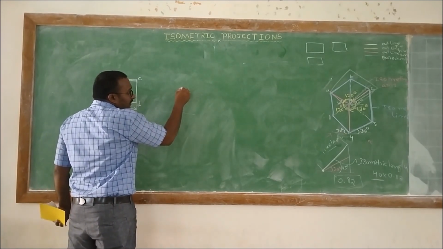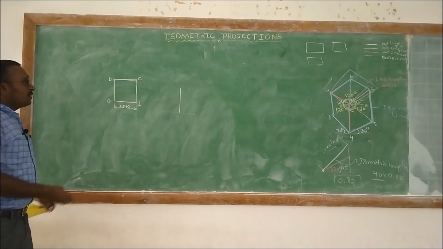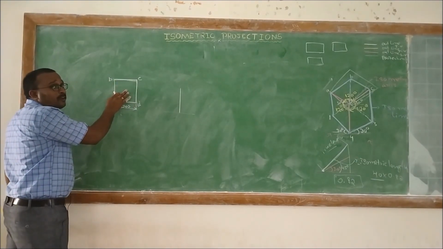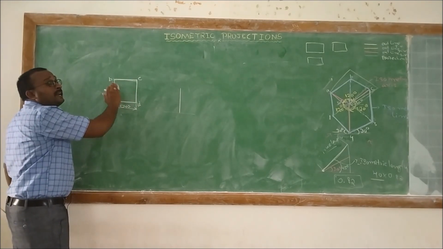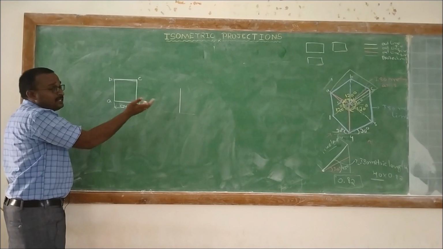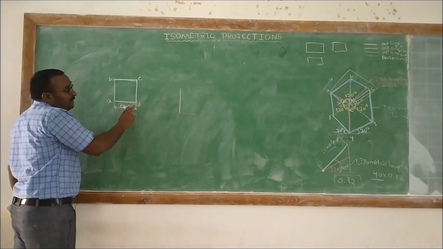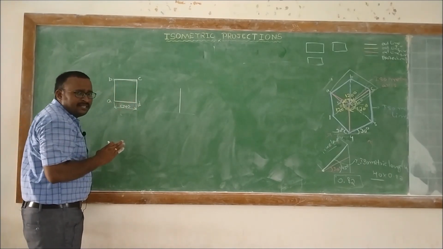Because this is the orthographic diagram, we need to convert it into an isometric view. So we must first thoroughly read the orthographic projection. Here, are there any non-isometric lines?